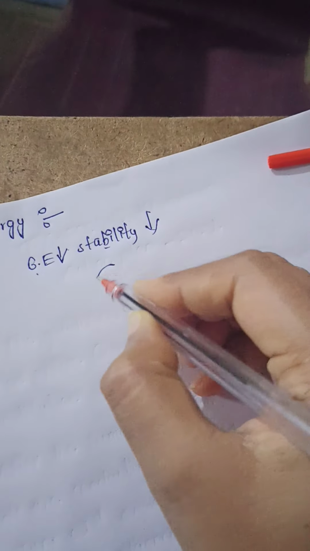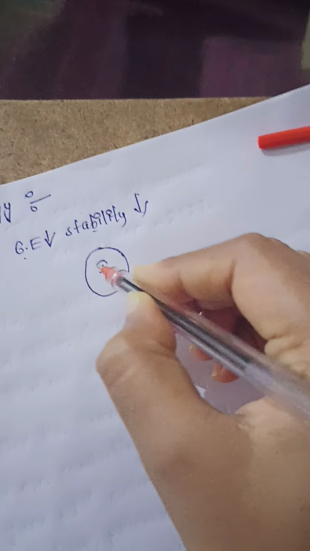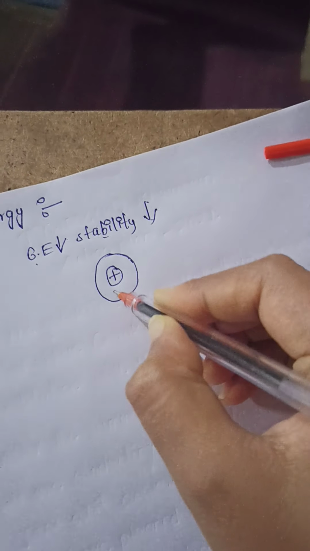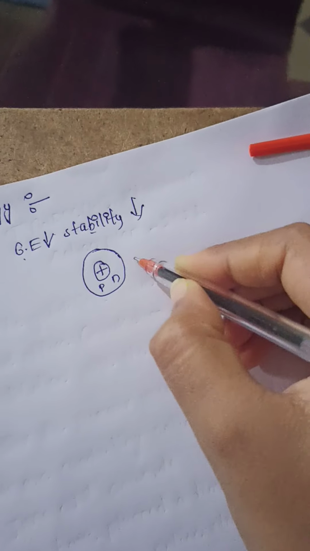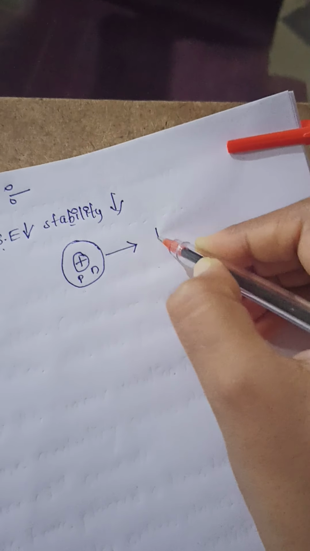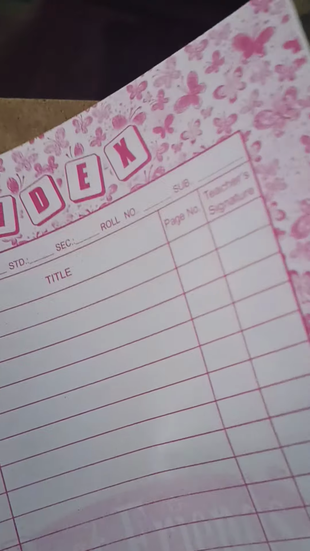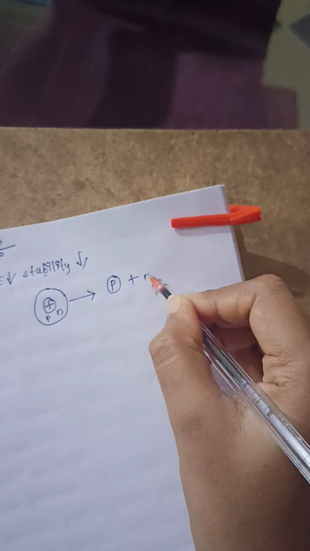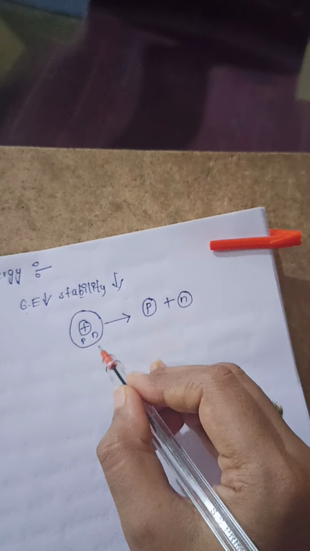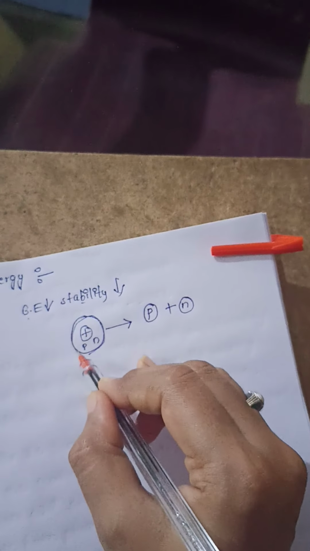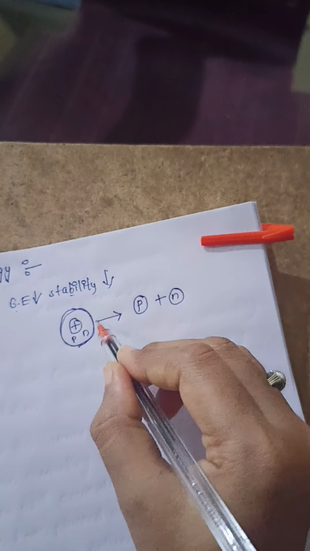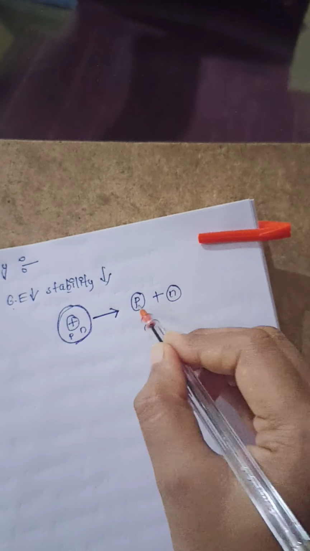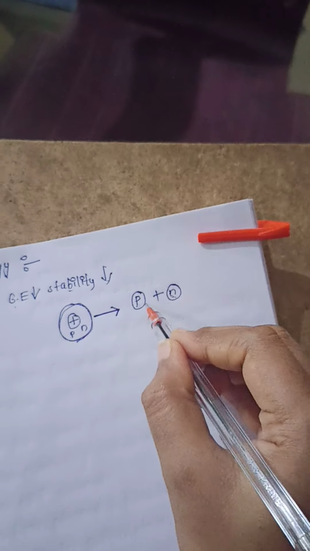For example, this is a positively charged nucleus consisting of protons and neutrons. If I split the nucleus into a number of protons and a number of neutrons, the total nucleus is changed into its constituent particles, that is, protons and neutrons.